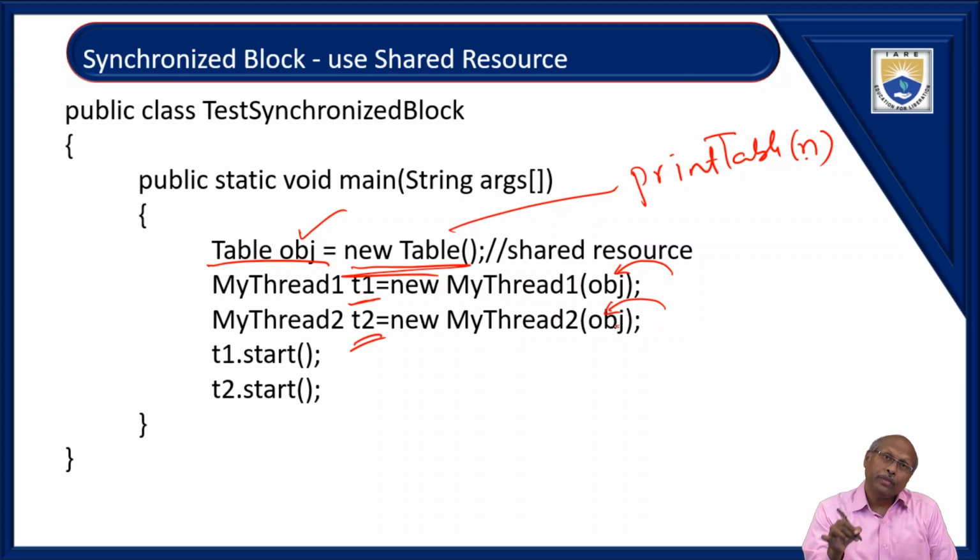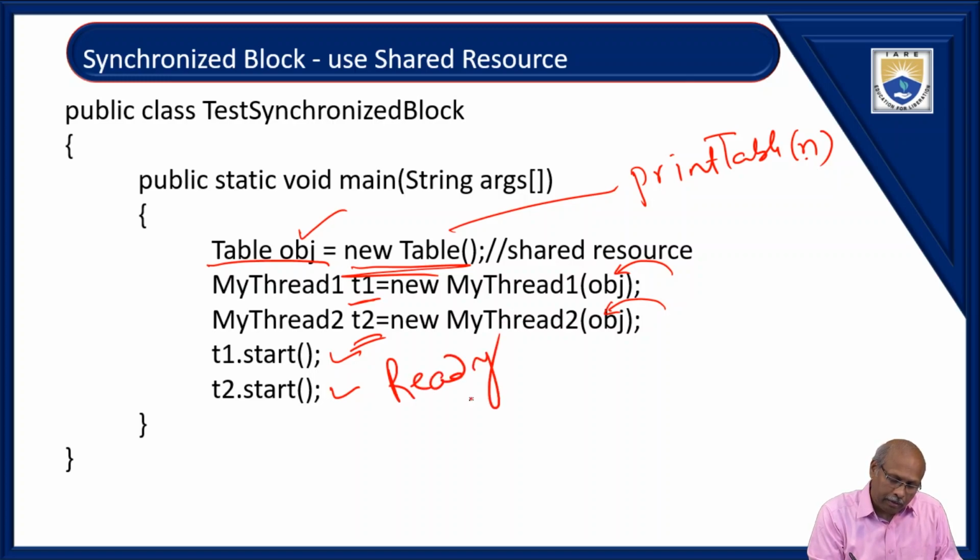That means it is the same resource, only one copy of the object. Both use the same resource, but only one is allowed to use it at a time. Whichever thread gets the chance, because the system decides, that thread can do the multiplication. Once I say start, both are ready to run, and go to the ready state.